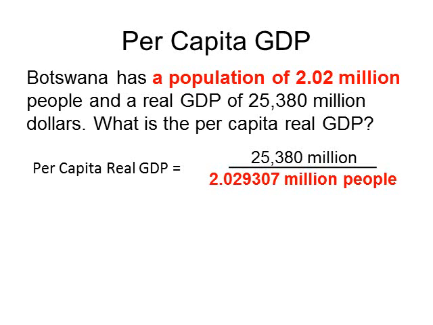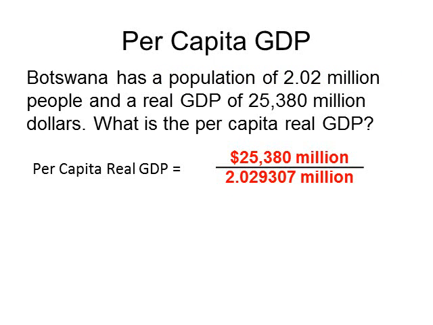When we substitute in Botswana's population of 2.02 million people, our formula now becomes real per capita GDP is equal to 25,380 million divided by 2.02 million people.